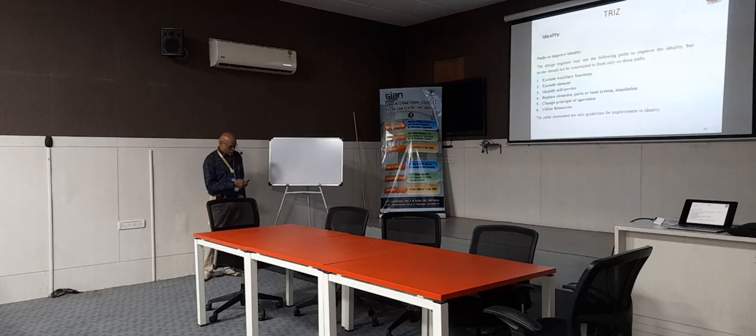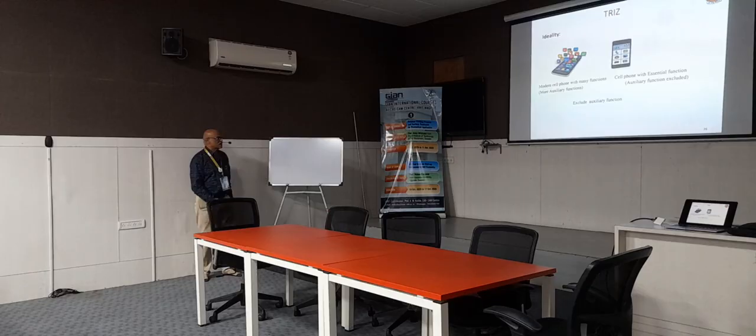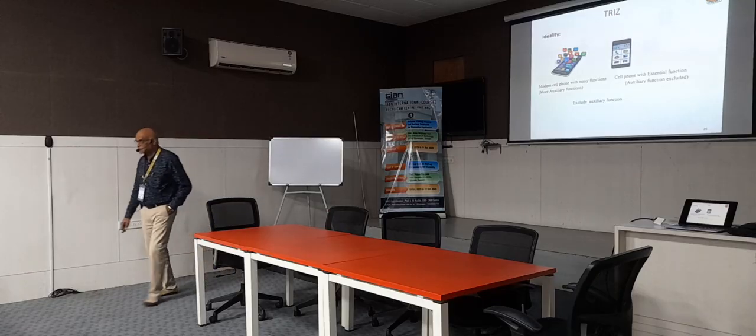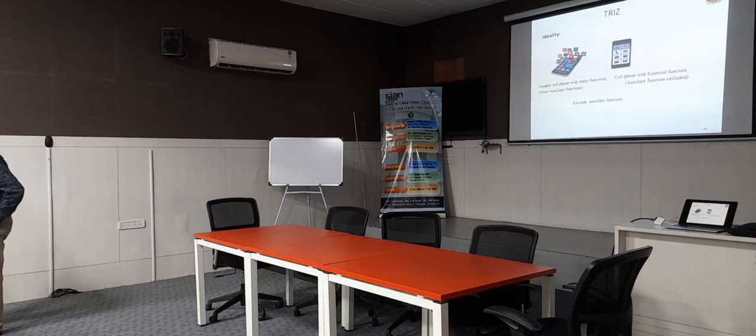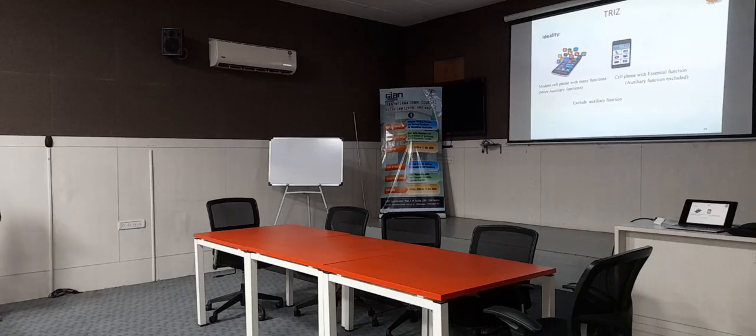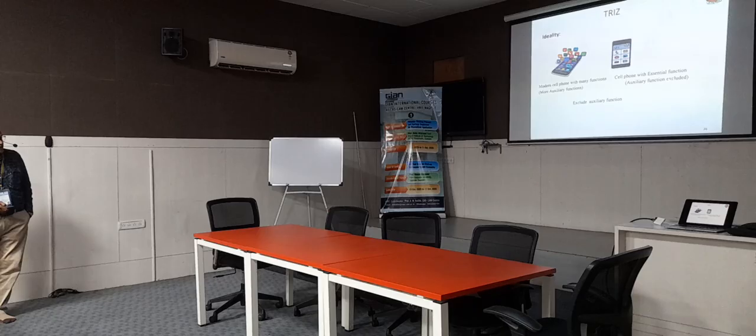Let me tell you one thing, I think that will be quite interesting to look at. Say mobile phones. When you look at mobile phones, you will find that there are many auxiliary functions in them. You are not using all the functions. Or maybe if it is to be used by senior citizens, they may not require so many auxiliary functions. So if you reduce that, that means self-help with essential function.